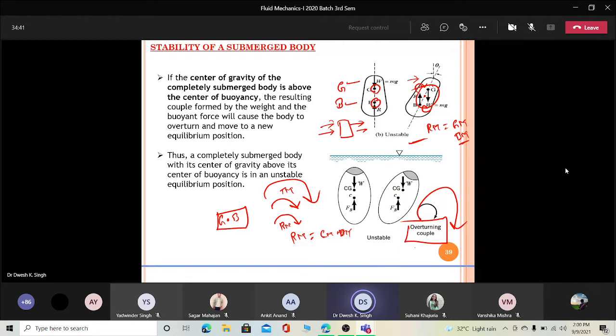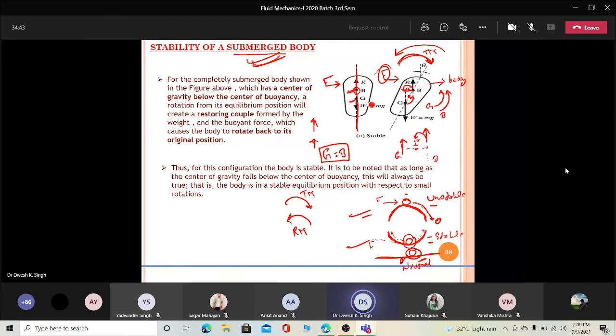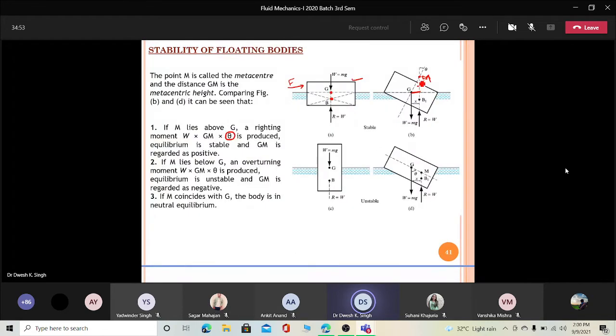Sorry, not this, this one: B is above and G is lower for the stable case. This is for the stable case of the submerged body. But now here, for the stability of a floating body, it is just like the reverse. Your G goes up and buoyancy goes down. To maintain the stability, this has to be maintained.